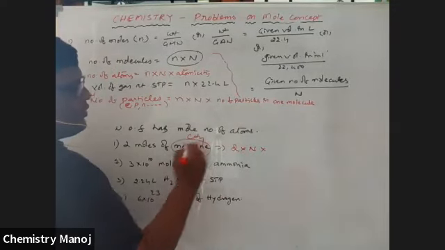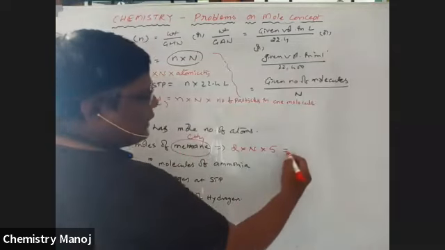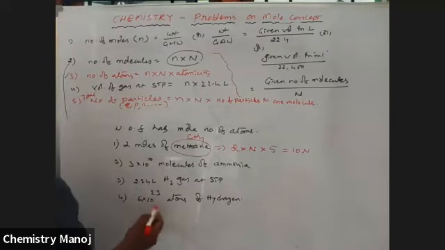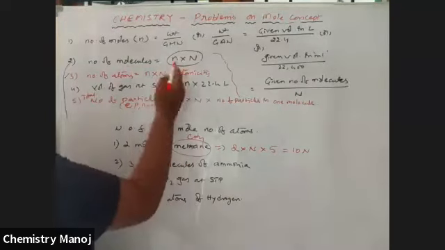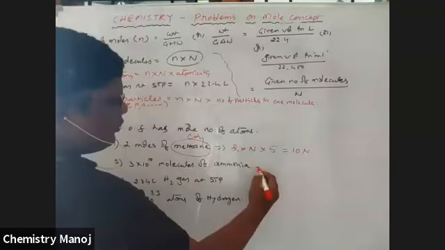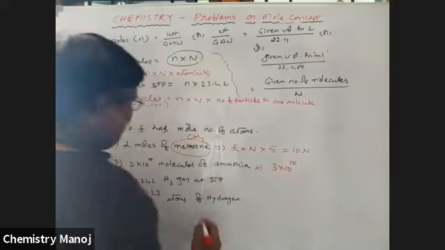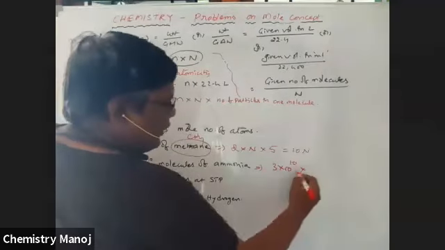Methane is nothing but CH4, so it is 5, that is 10 N. For the second, the number of molecules is already given, since small n into capital N is molecules. That is equal to 3 into 10 power 10 molecules into atomicity.